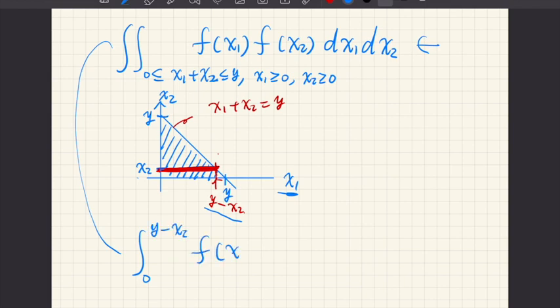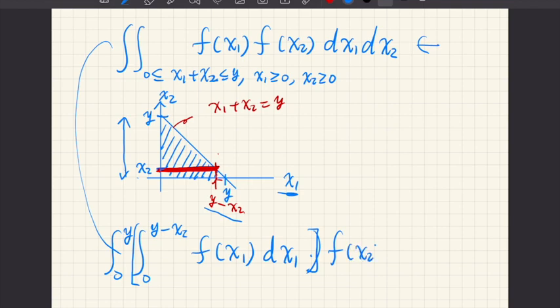So in this case, the variable is just x1. And we move the value of x2 from 0 to y. Okay, so from 0 to y, we move the value of x2.